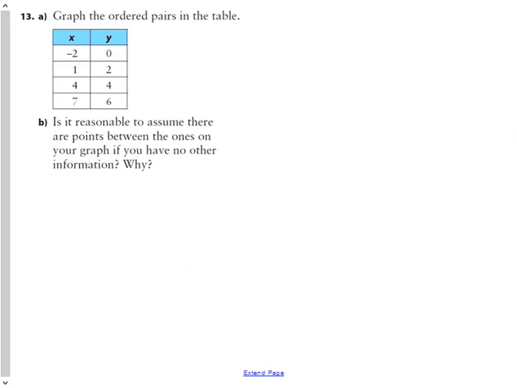Skip that last part. Question 13, graph the ordered pairs in the table. So, make my x-axis. I need to go to 7 on the x. There it is. So the first one is negative 2, 0.